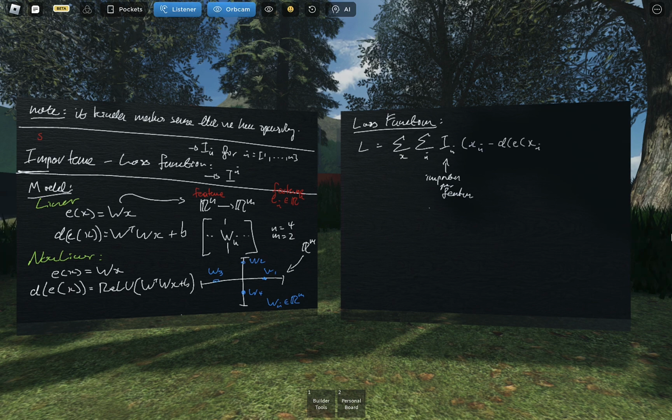If we call x dash the decoded, encoded x, then it's a pretty basic, regular looking loss function, except for this importance weighting, which we have chatted a little bit about already.